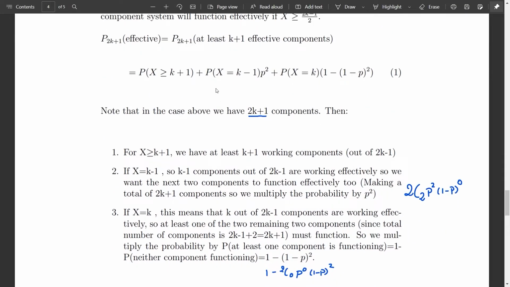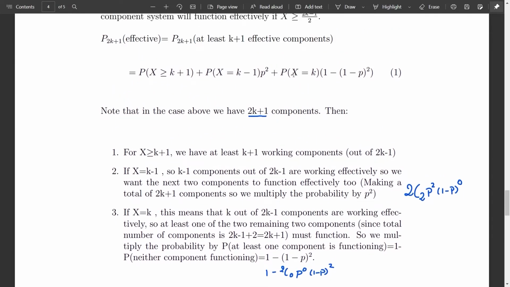Moving on to the X equals k minus 1 part: if X equals k minus 1, then k minus 1 components out of 2k minus 1 are working effectively. So we want the next two components to function effectively too, making a total of 2k plus 1 components. So we multiplied the probability by p squared, which basically means 2c2 multiplied by p squared into (1 minus p) to the power 0.